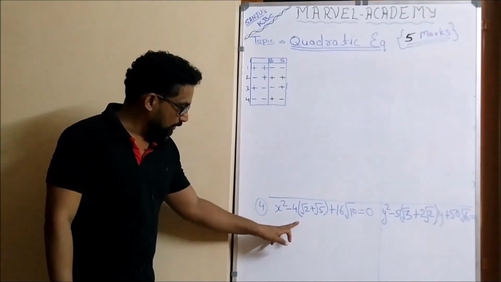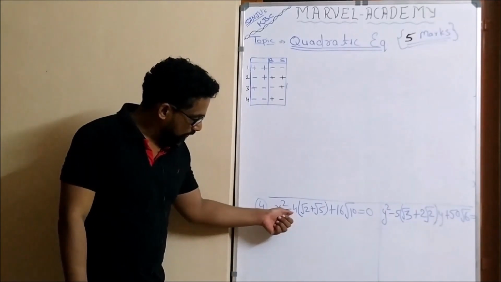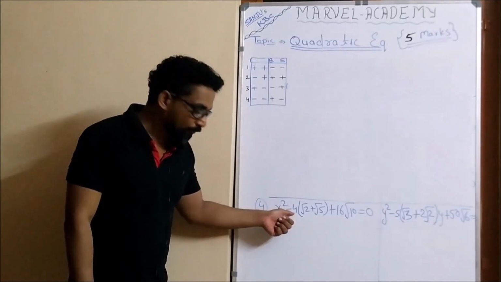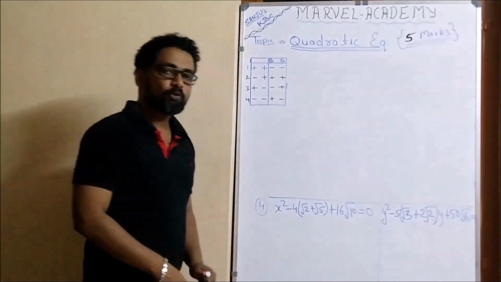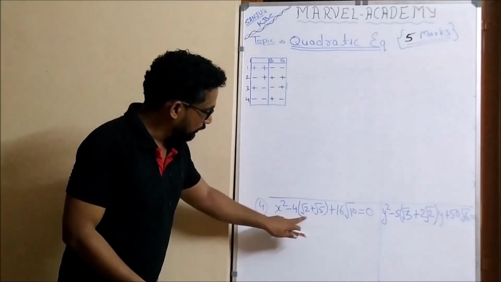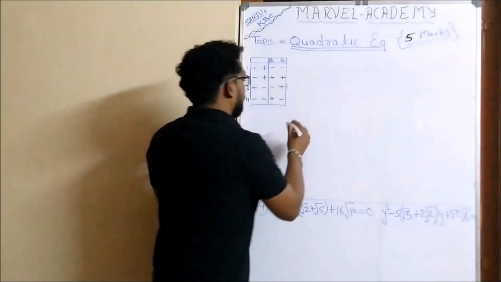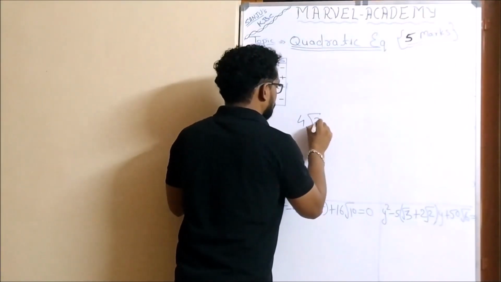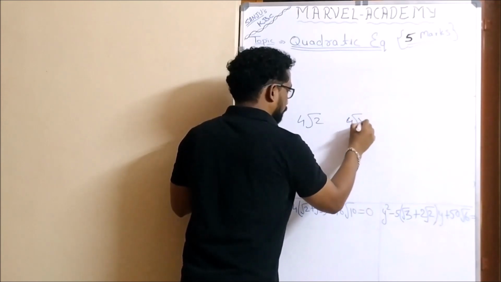Now there is another kind of question where the 4 is an additional value. Okay. So what we have to do, we have to just multiply this 4 with root 2 and root 5. So we will get 4 root 2 and 4 root 5.